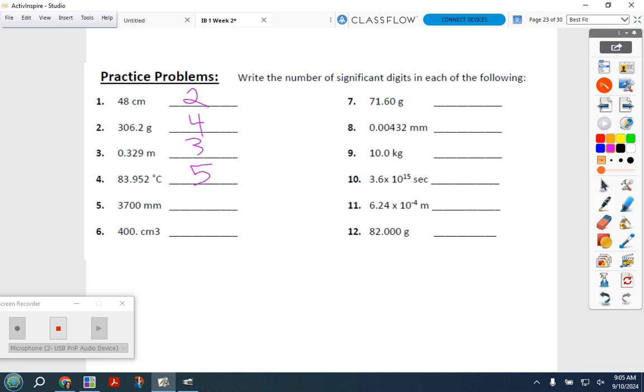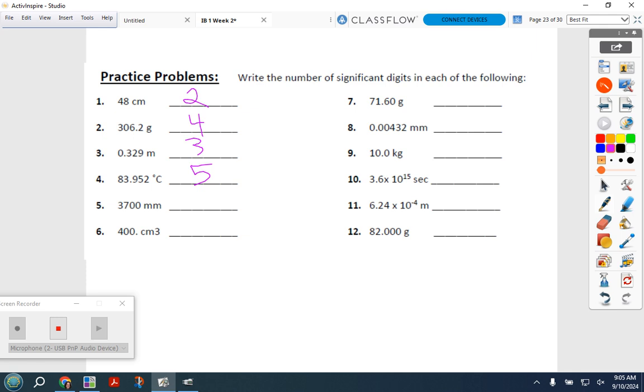Okay. What are you thinking about when you look at it? What are some of your options? What's that? The first digit, so maybe just the 3?